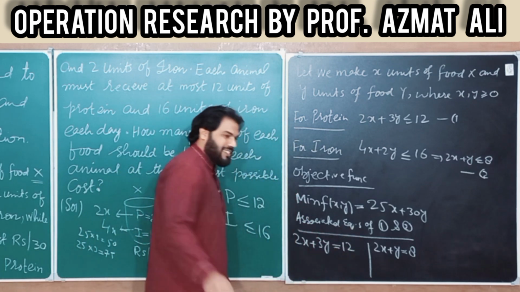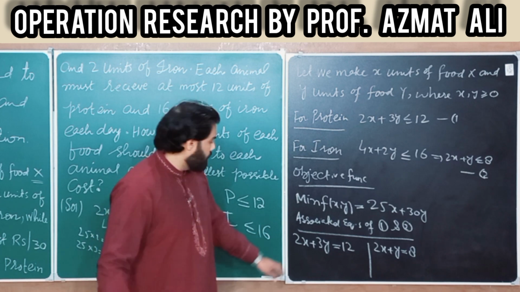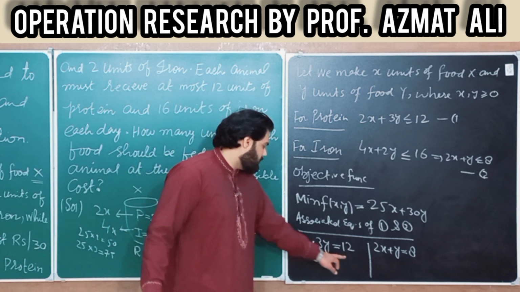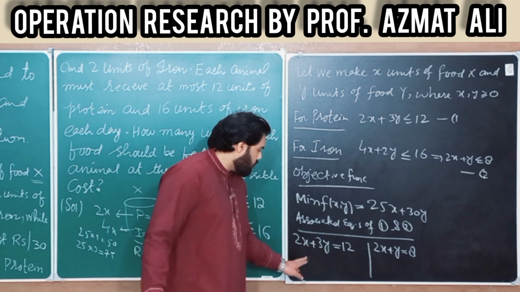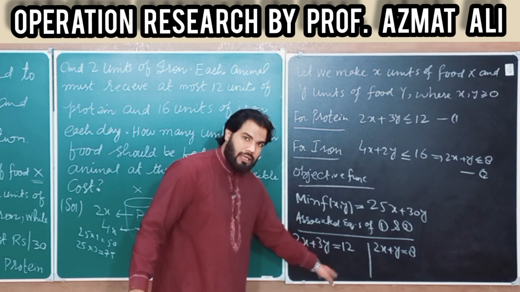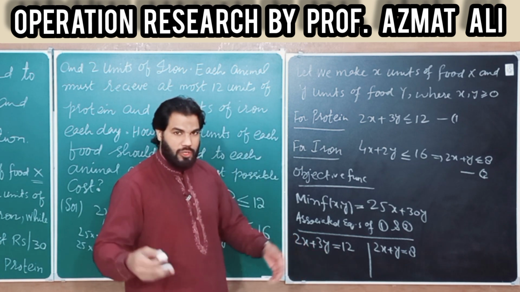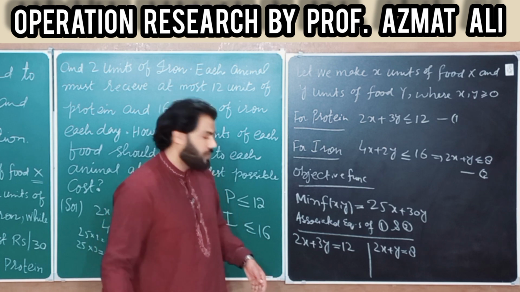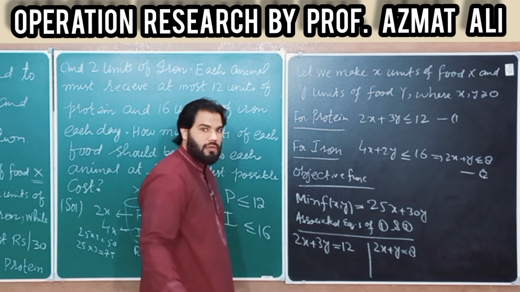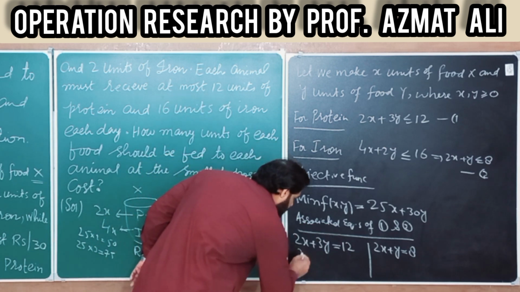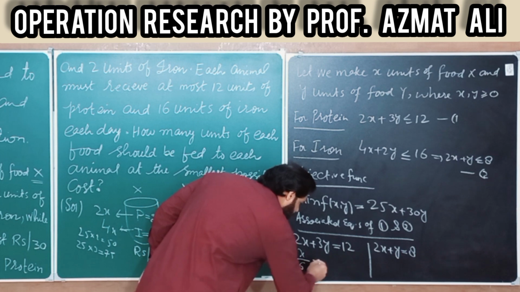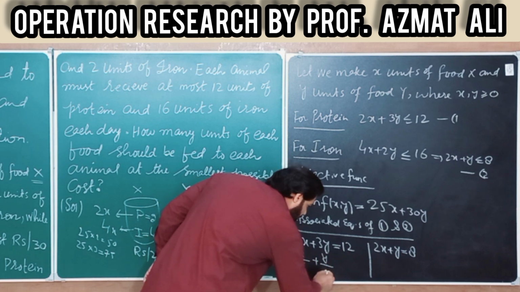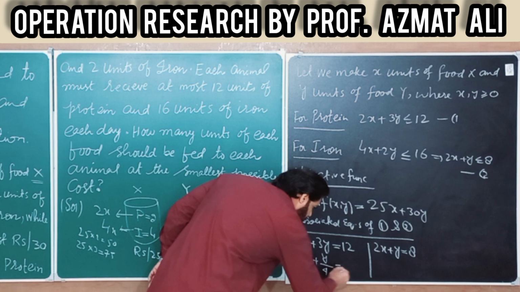To find the x-intercept and y-intercept, you can put y equal to 0, then x will be 6. Putting x equal to 0, y is equal to 4. Another way to find them is dividing on both sides by 12, we have x over 6 plus y over 4 equal to 1.